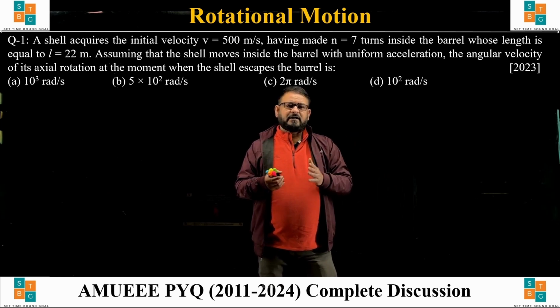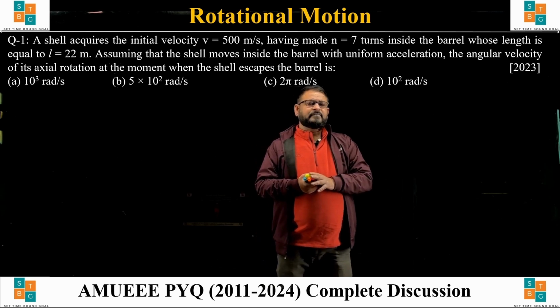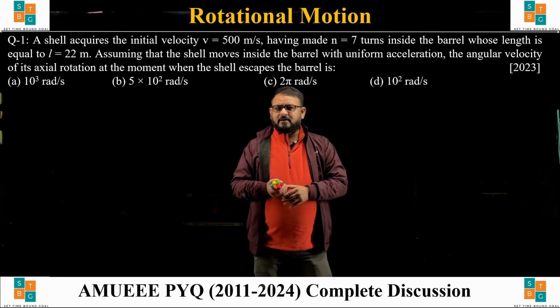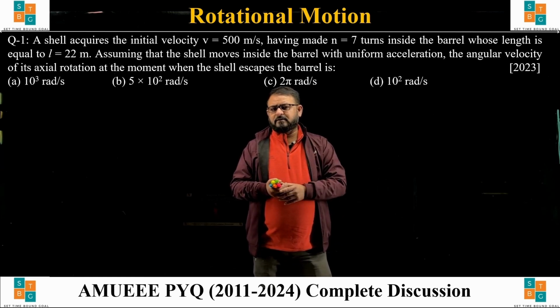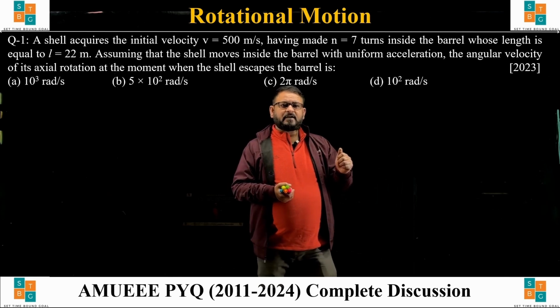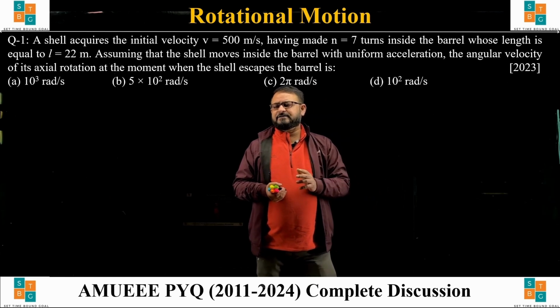So this is really a big rifle, and snipers use this, or perhaps this is a tank. Assume that the shell moves inside the barrel with uniform acceleration. The angular velocity of its rotation at the moment when the shell escapes the barrel is?